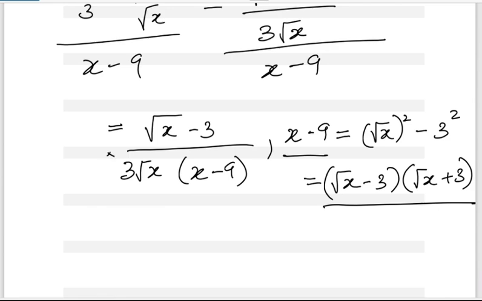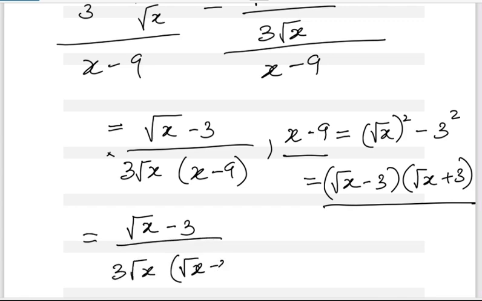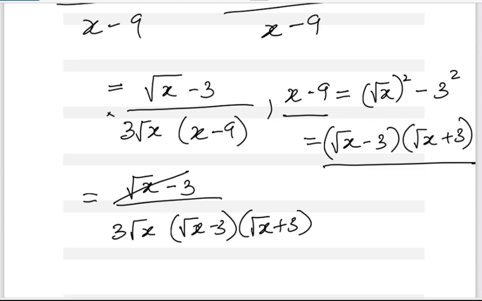So this is going to be equal to square root of x minus 3 all over 3 root x into square root of x minus 3 square root of x plus 3. And this, we can easily cancel. And what we're going to have left is simply 1 over 3 root x square root of x plus 3.